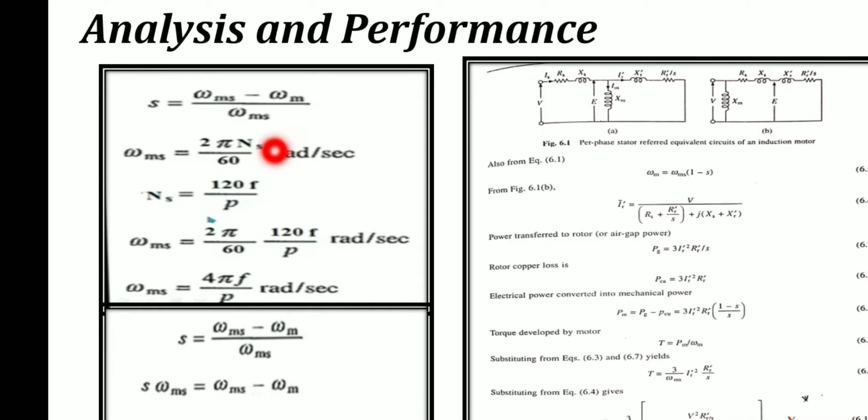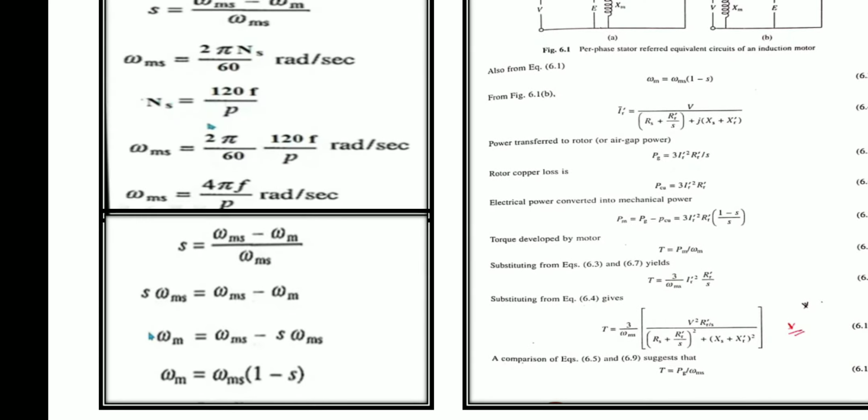Getting it? Now we have got the synchronous speed. So we know the formula: slip is equal to omega ms minus omega m, divided by omega ms. Now we multiply here, so omega ms multiplied by s is equal to omega ms minus omega m itself. Now see here, how will we write it? We take omega m to the LHS, and then on the RHS we get omega ms minus s omega ms. Now omega m is equal to omega ms, which is common and which I have taken outside, into the bracket of 1 minus s here.